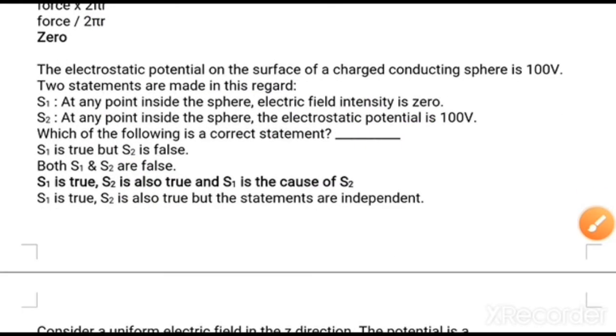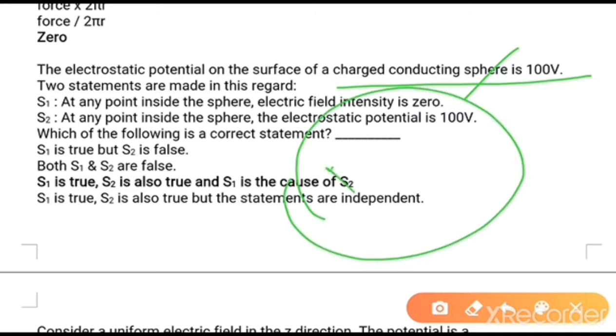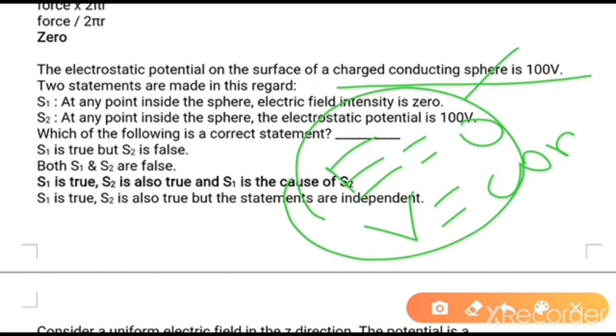Next question. The electrostatic potential on the surface of a charged conducting sphere is 100 volt. Two statements are given. Statement 1: at any point inside the conducting sphere the electric field intensity is 0. We know that for any shape of conductor, inside the conductor E equal to 0, and also the potential V equal to constant. Statement 2: at any point inside the sphere the electrostatic potential is 100 volt.